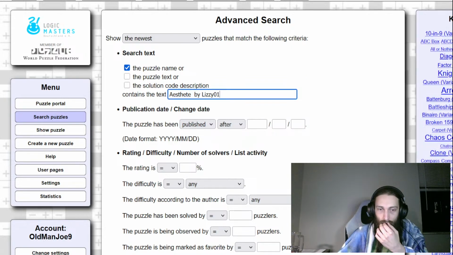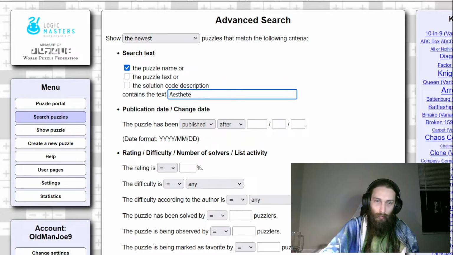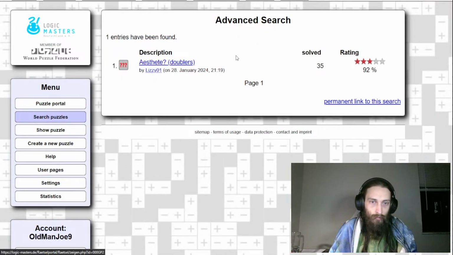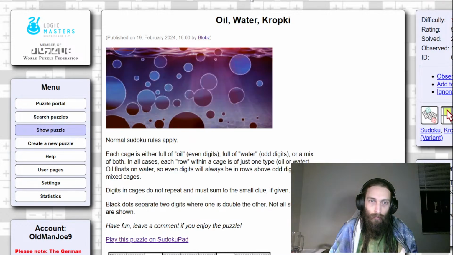Wrong one. No, I forgot the link to the Blobs version. Or Blobs puzzle. This one.